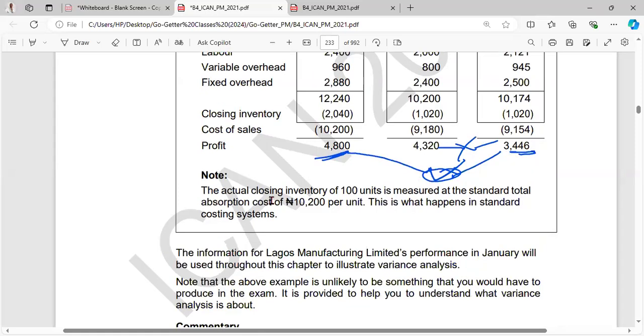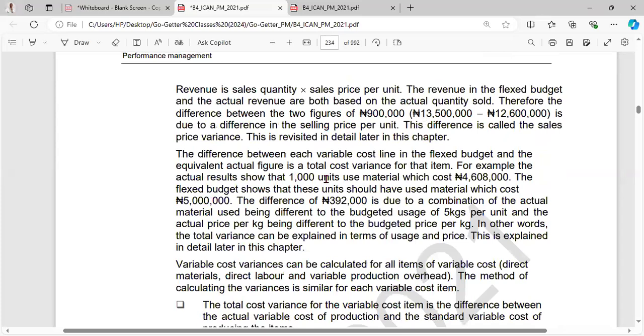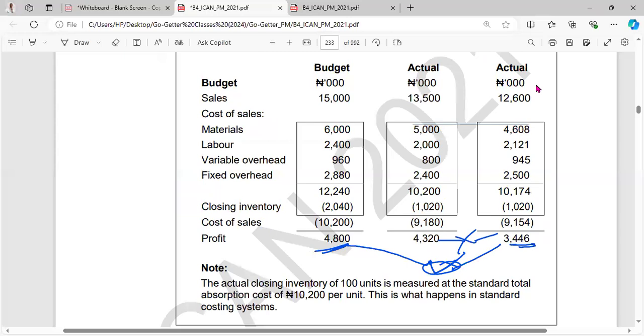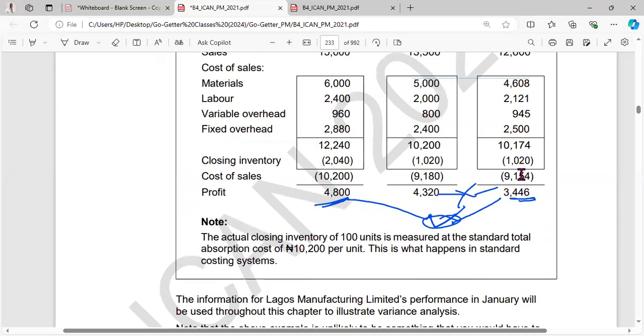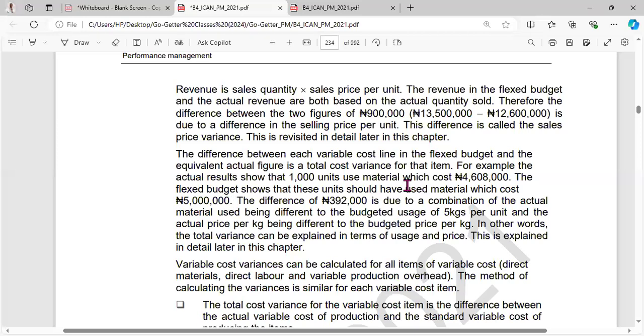All right. So we say here, for example, the result shows that 1,000 units of production used 4,004,608. This is the material we use. The flexed budget shows that this should have cost you 5 million, but the material cost us 4,004,608.